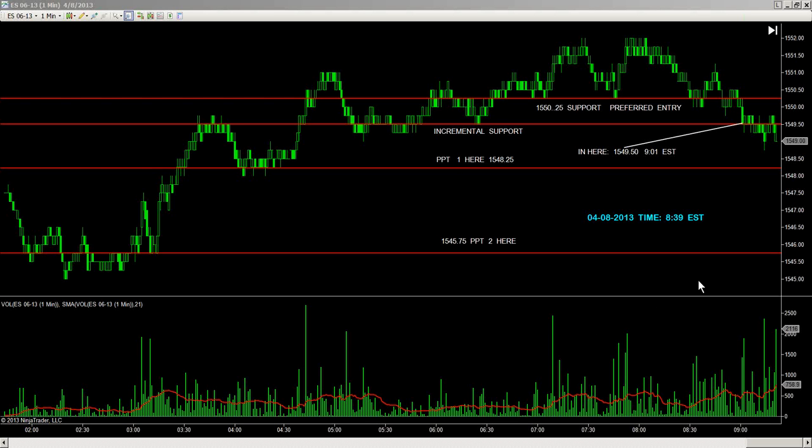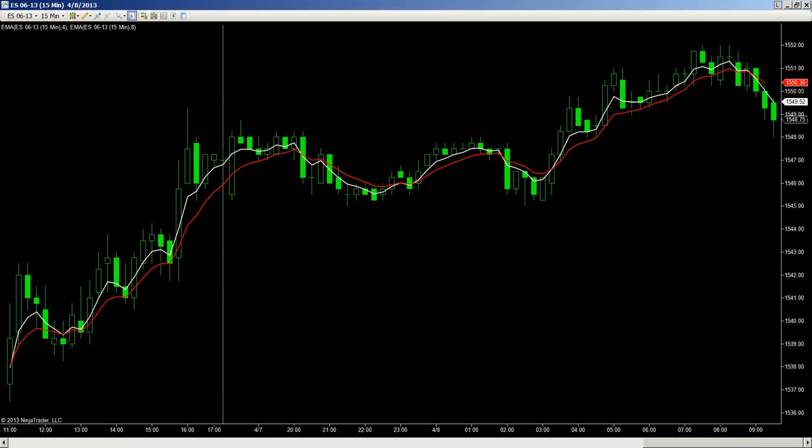Now, the volume that came in here was really the reason to be in the trade at 9:01 right here. We're looking at a volume pickup when the 1-minute chart trades down. Let's take a look at the 15-minute indicators before we get too far along here. I want you to see that a paired exponential moving averages crossed right here before the entry was actually made, indicating a turning point, in this case to the downside.